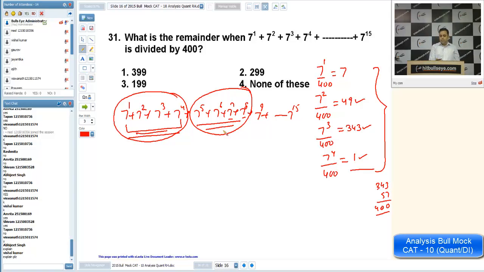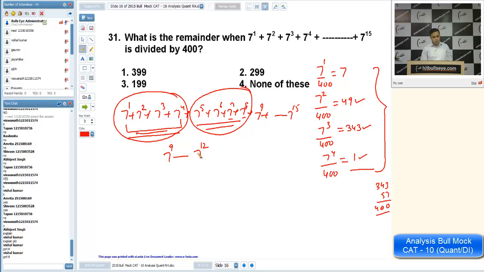That means if we try to make groups of these numbers, 7 power 9 to 7 power 12 will also be divisible by 400. So we are left with only 7 power 13 to 7 power 15, and you will get the answer. Okay.